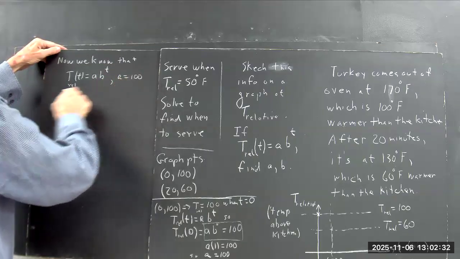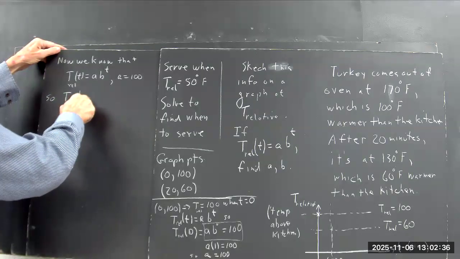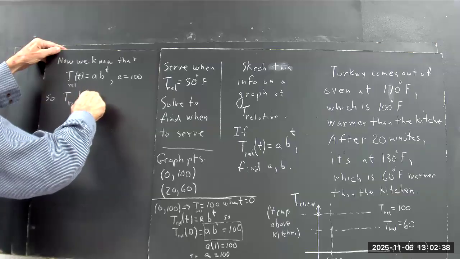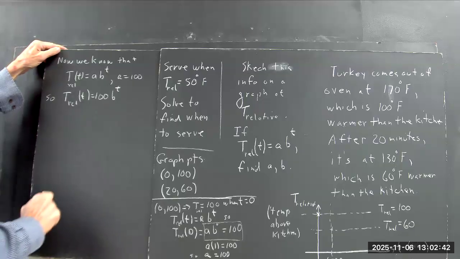A equals 100. So T relative of t equals 100 b to the t.